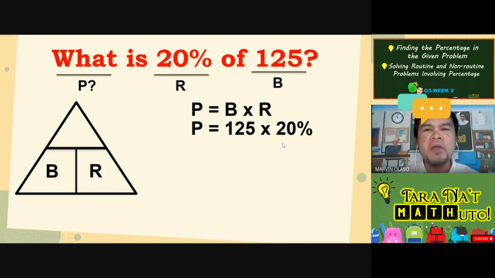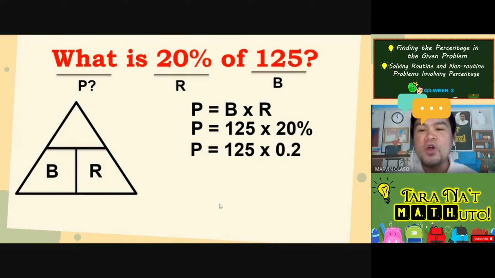Diba? Paano nga ba yon? By dropping the percent symbol and move the decimal point to the left. So 20% is equal to 0.20 or 0.2. Parehas lang po yun. Pero para mas mapabilis natin ang pagmumultiply, we will now use 0.2 or 2 tenths.